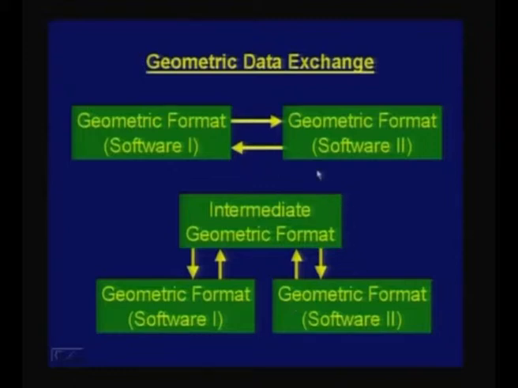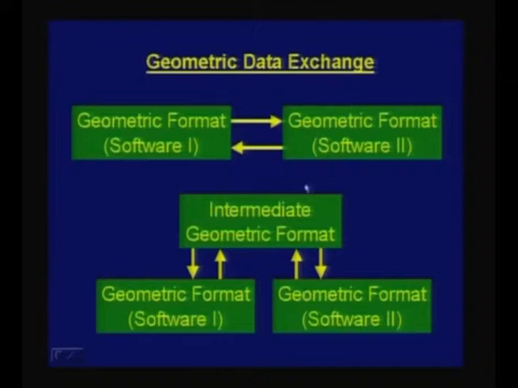Now, somebody may ask which one is more preferable. Here I am using only 2 translators, whereas here I have 4 translators. This actually depends on various factors. Usually the direct translation is more reliable. Sometimes what happens is when I am going through an intermediate format, there may be some information which may be lost.